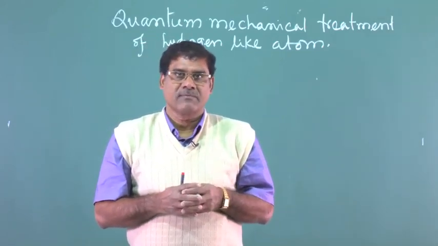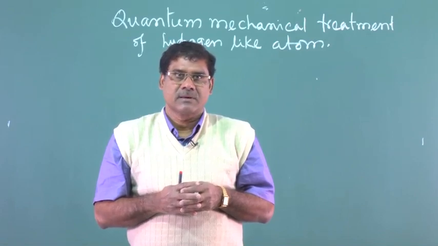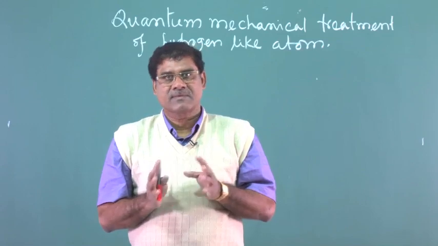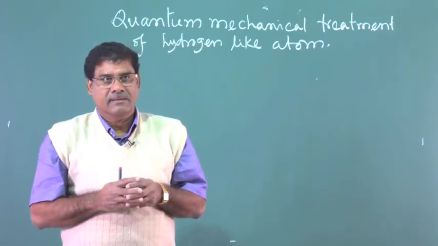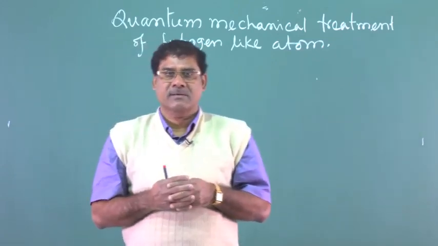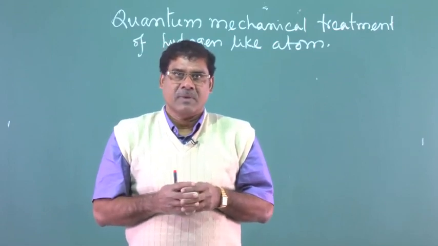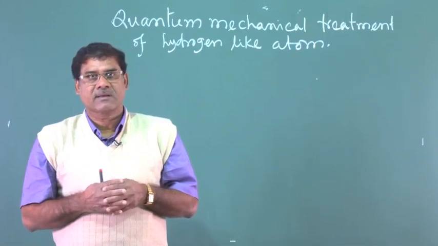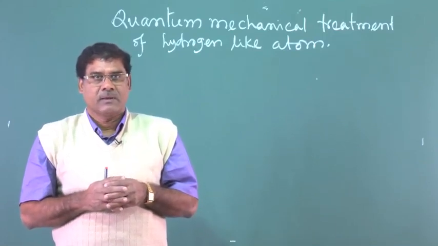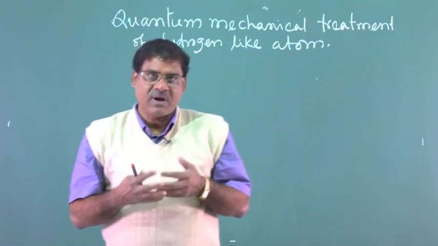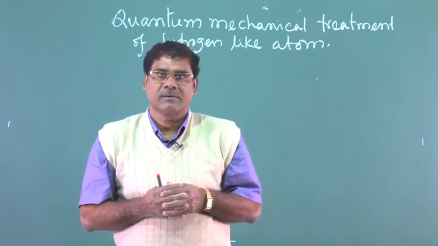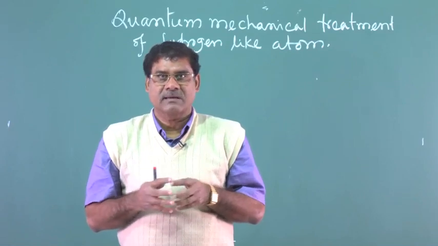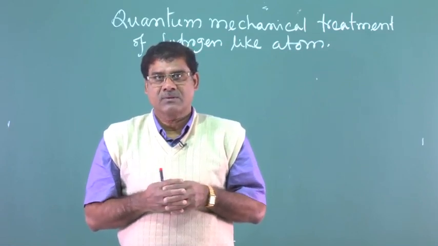So, this is one. Another is, in the Bohr model we got the energy expression, fine, and in this quantum mechanical treatment we got the same energy, but we are also getting additional things, that is the wave function. So, we got the wave function for the hydrogen like atom. This is the additional thing we got.